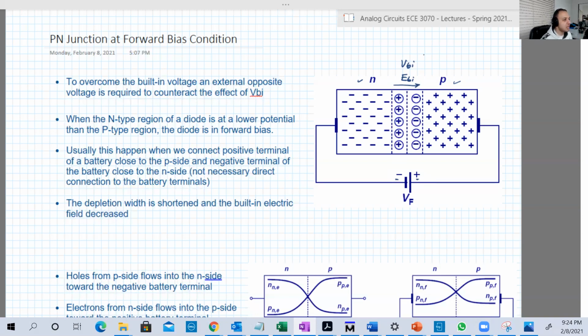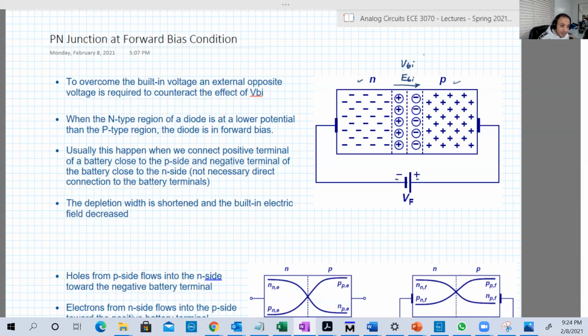Good. Our circuits sometimes need open circuit, where we need the current not to flow, and at other times we need the current to flow. In that reverse bias condition, there is no current flowing. So we need something that allows the PN junction to conduct current.